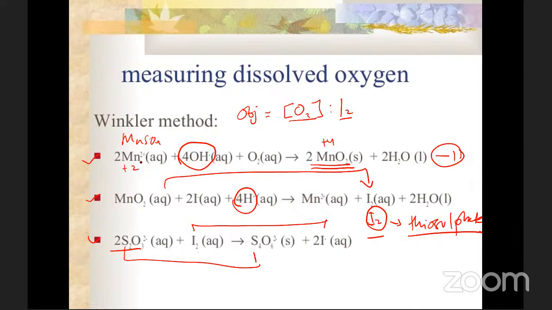So this is plus 2. So the oxygen akan reduce jadi minus 2, for example. So next part is after the manganese oxidize, and then dia akan jadi reduce balik. Why? Because we want to get this iodine. So at the end of the day, we have to work backward balik.